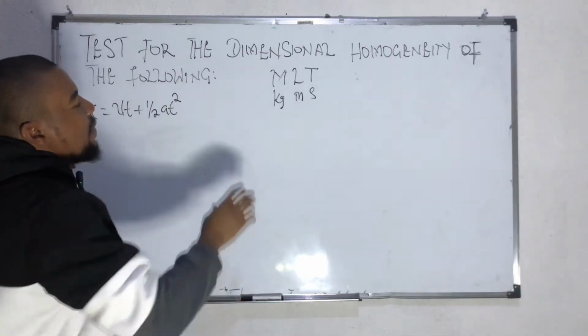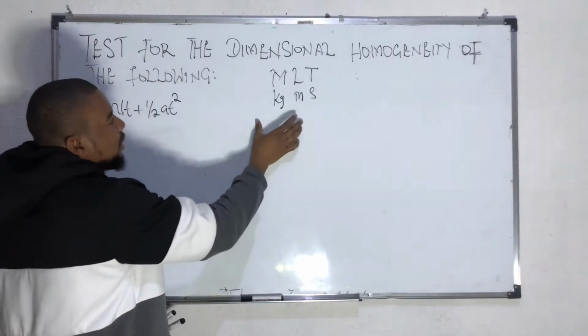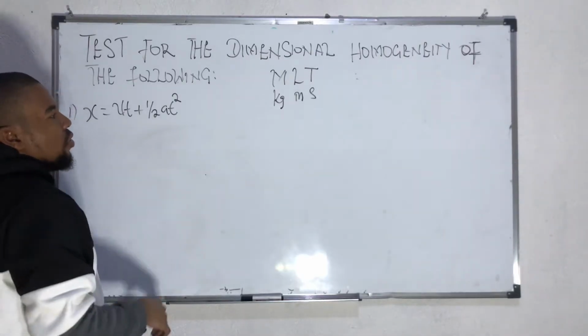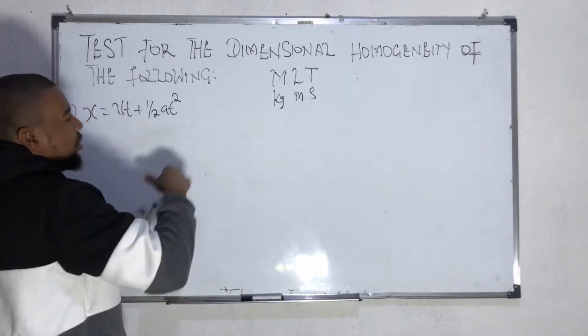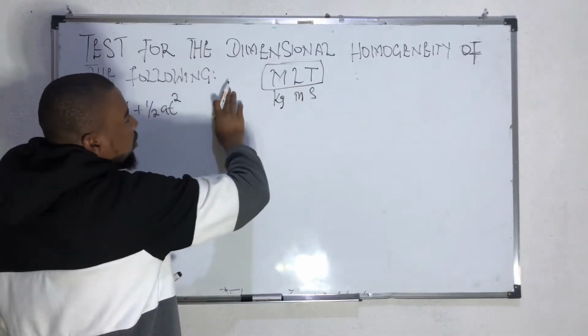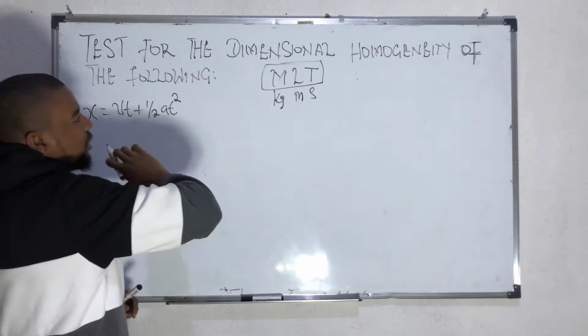Whenever we're testing the dimensional homogeneity of equations or a physical relation, we use the dimensions. We use them for the dimensioning.